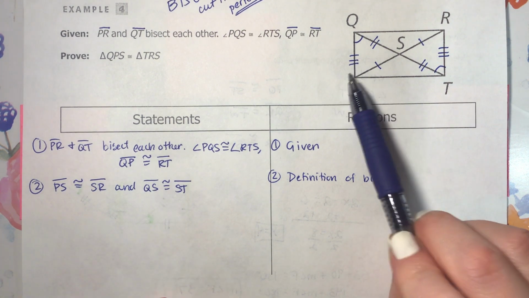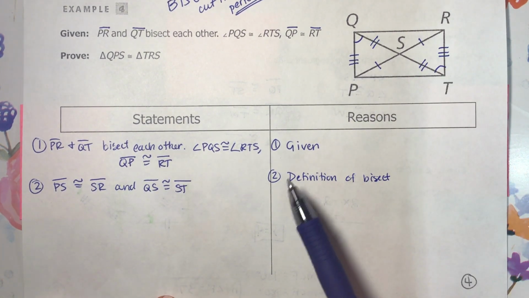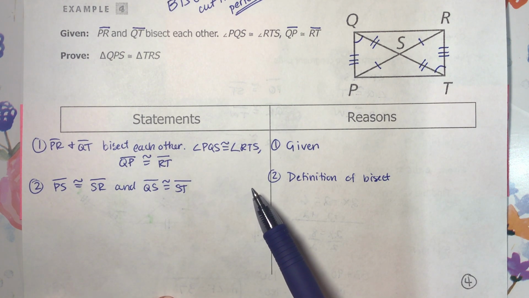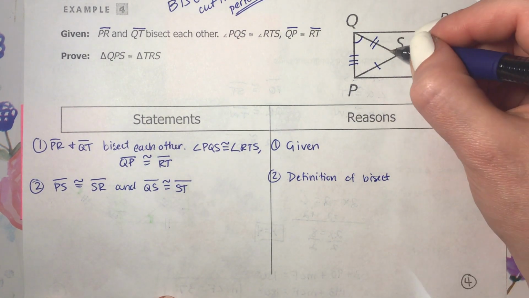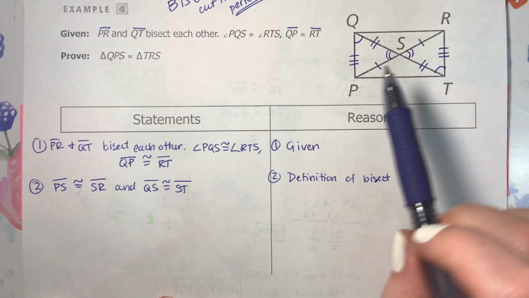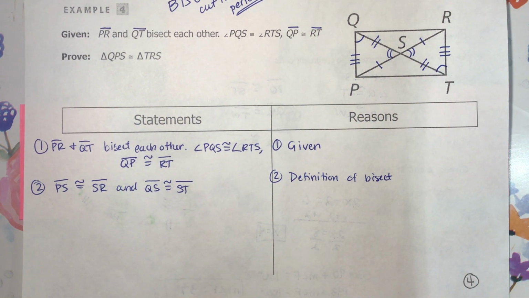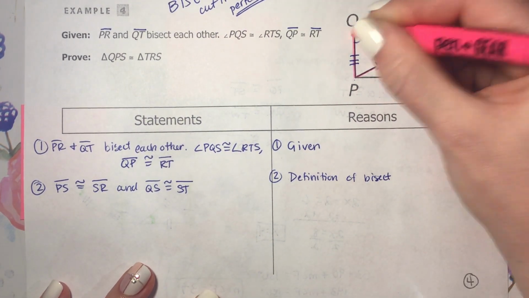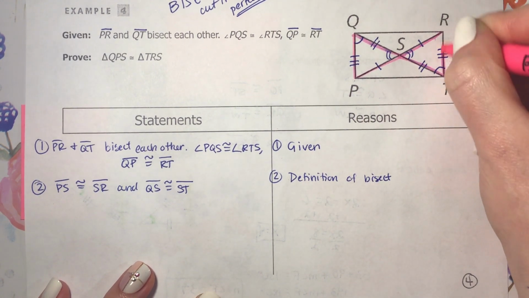So now we have 3 sides of the triangles being congruent to each other and 1 angle. We can get another angle being congruent to one another this way. Notice, and I will go ahead and trace the 2 triangles that we're trying to prove congruent to each other. We're trying to get this guy and this guy congruent to each other.